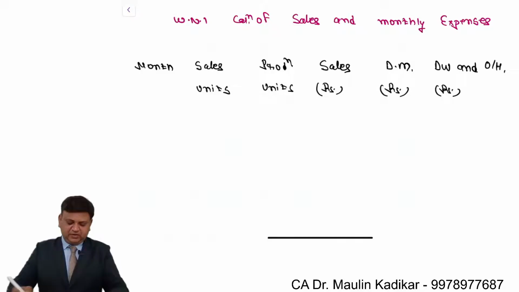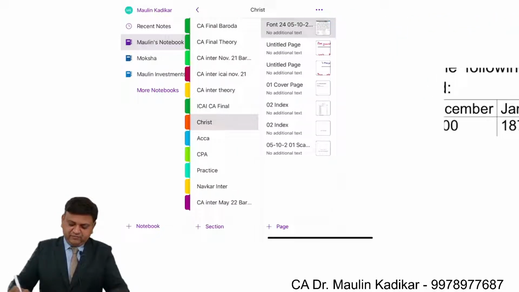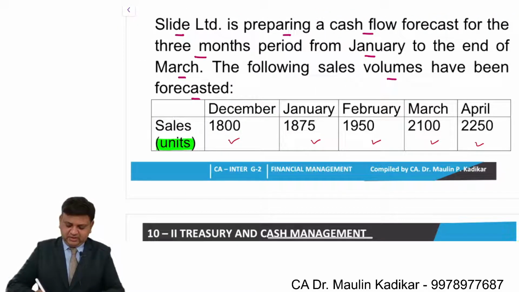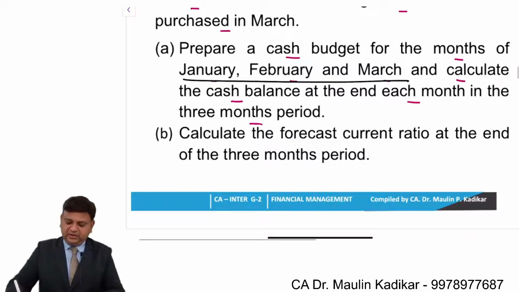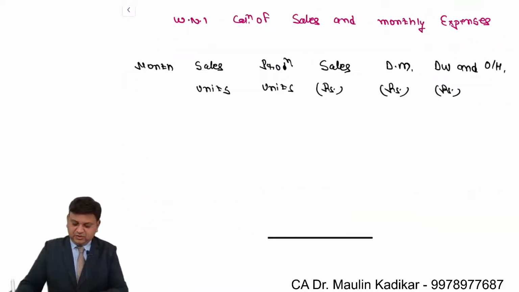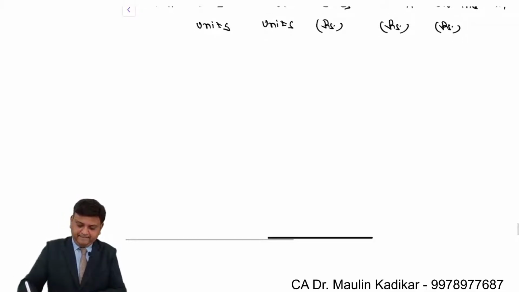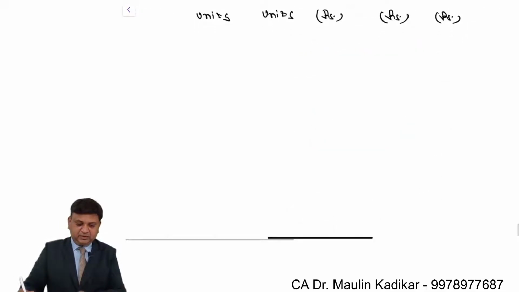Again friends, as what we already have discussed, we'll prepare this working note exhaustively starting from December to April, even though we have to prepare the cash budget only for 3 months, January to March. So I request all of you to write down answer along with me. Column number 1, month.